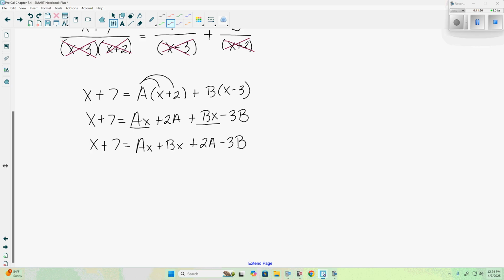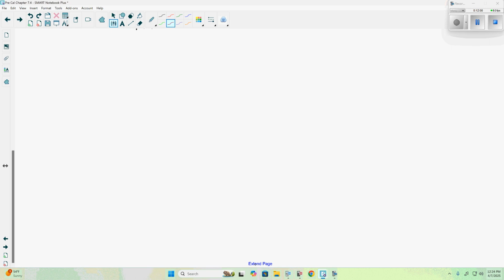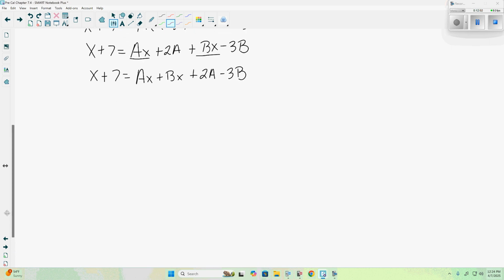Now when we combine like terms, they have to be the same. And these are going to be equal. Well, our Ax plus Bx should match up with our x, yes? And our 2A minus 3B will match up with our 7.